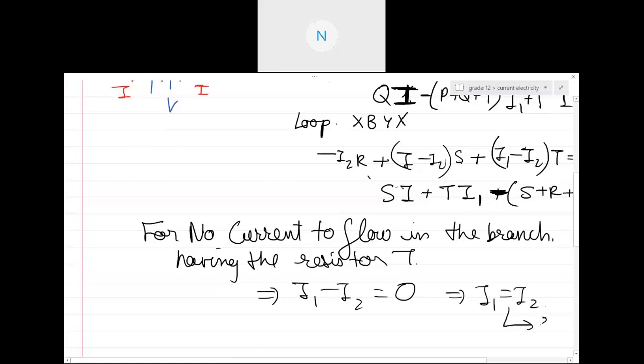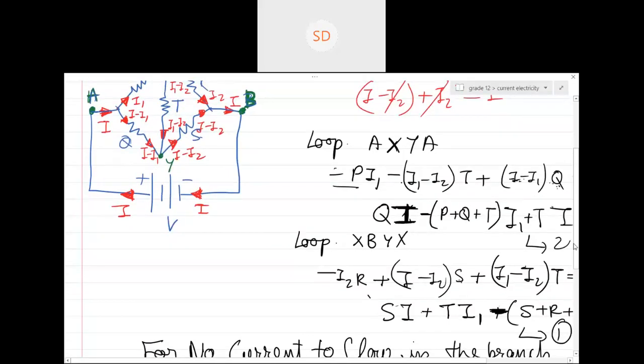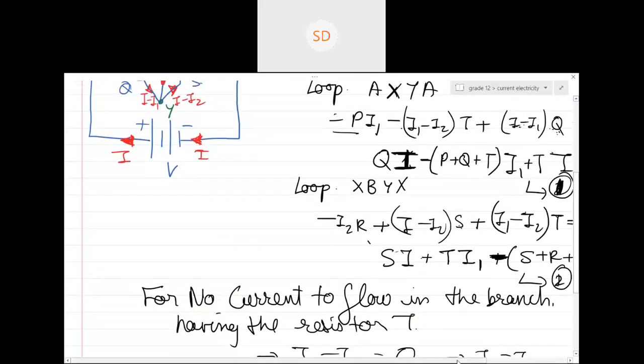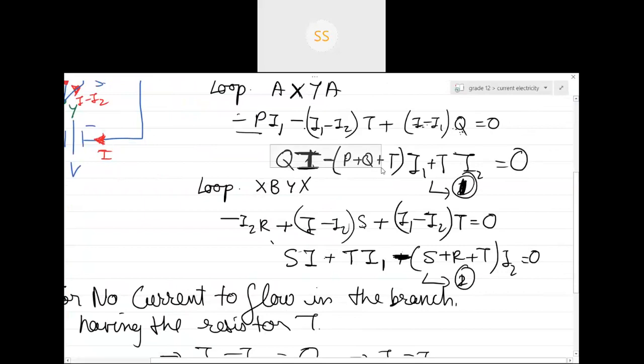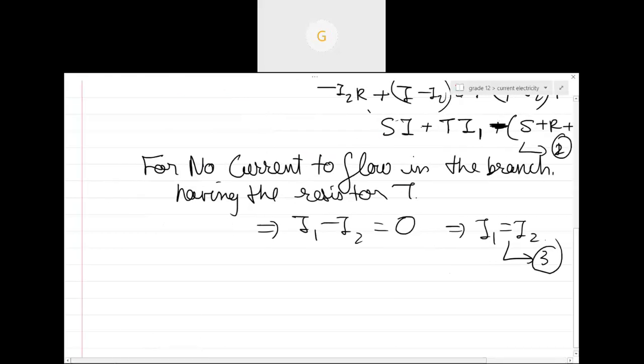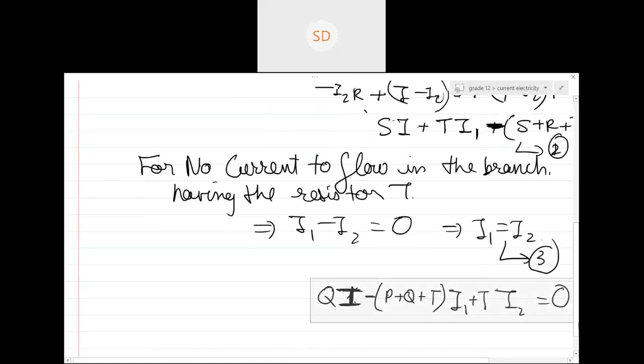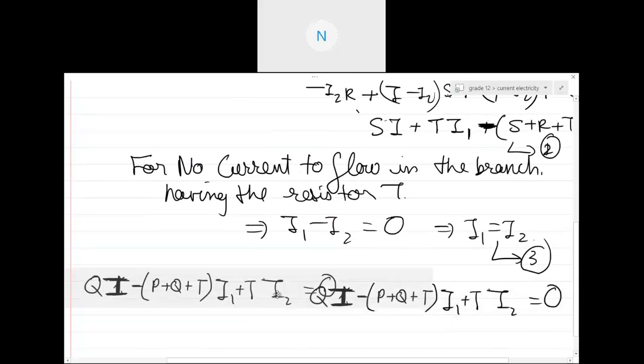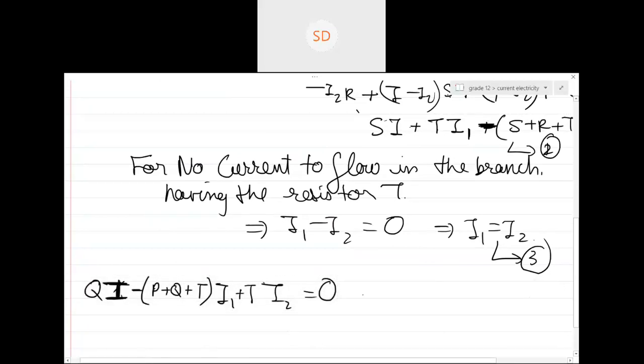Can you use this equation number 3 in equations 1 and 2? So can you see over here, this equation will become, if you put I1 and I2 equal, minus P plus Q, right?